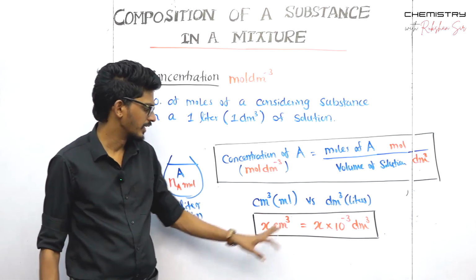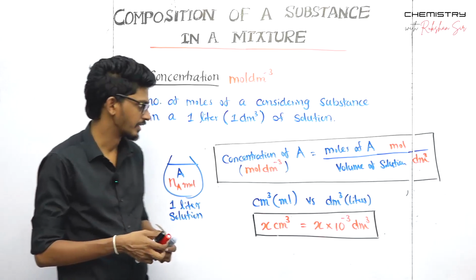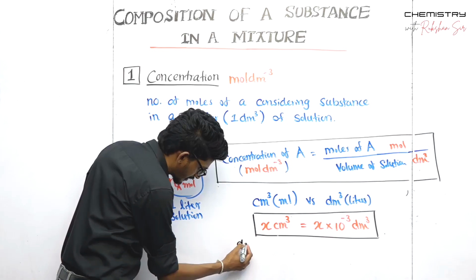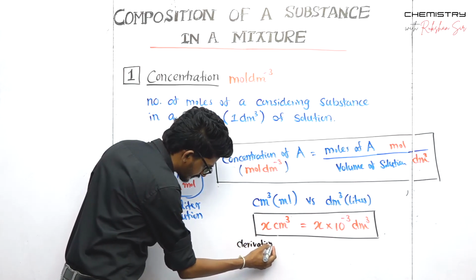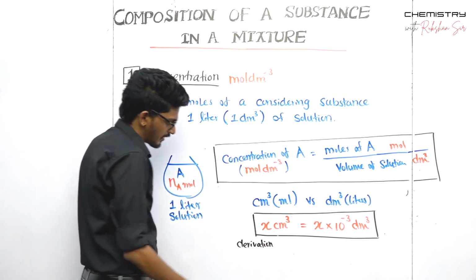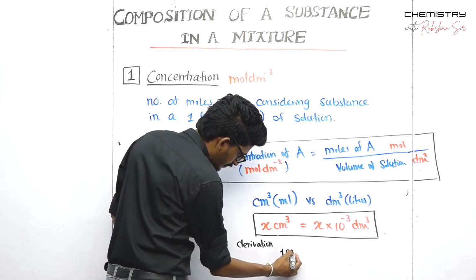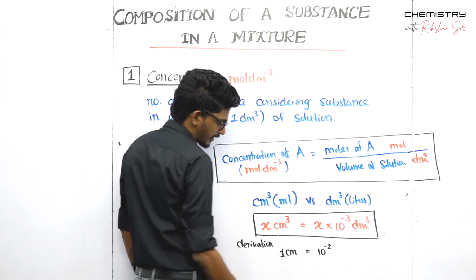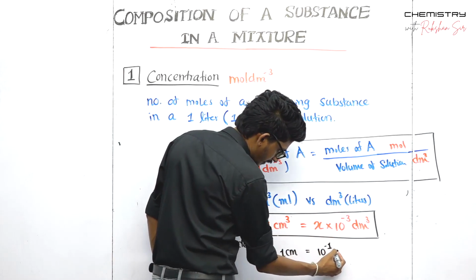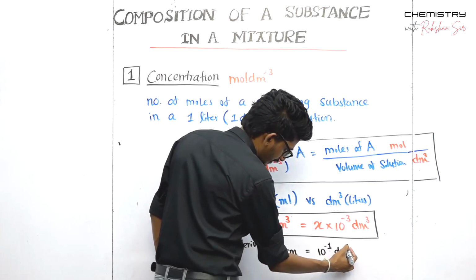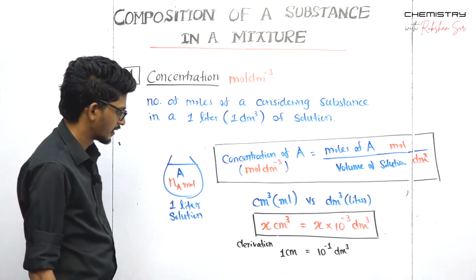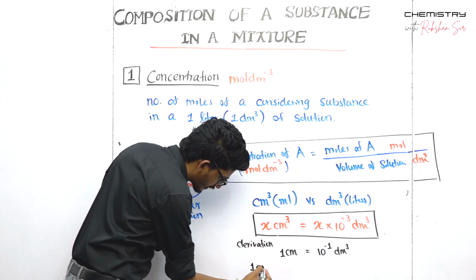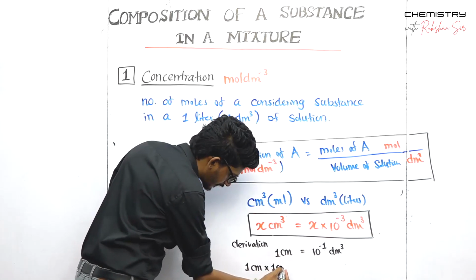It is not hard to derive this. If you need a derivation, it goes like this. 1 centimeter means 10 to the power minus 1 decimeters. A centimeter cube means 1 centimeter into 1 centimeter into 1 centimeter.